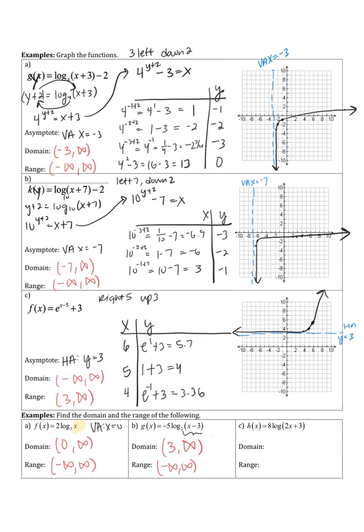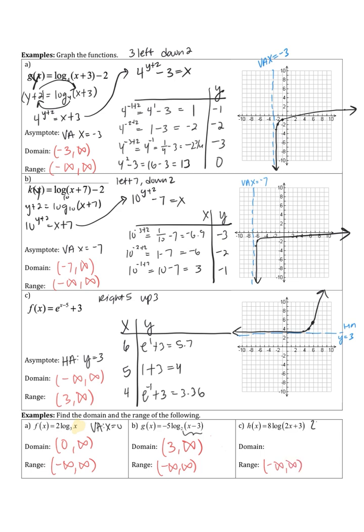All right, and last but not least, we have another log function. A value in front means it's increasing because it's positive. All right, I have some kind of shift going on here. Let's see where that's occurring. The range I know is not going to change because it is a logarithmic function. And where the heck is this vertical asymptote?